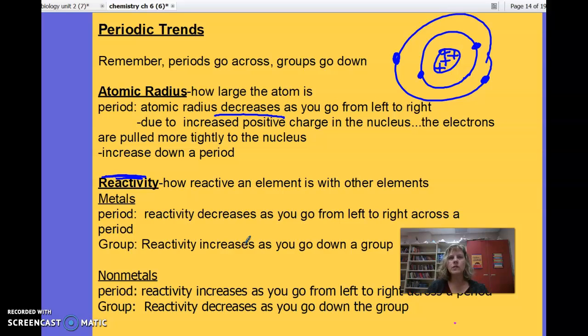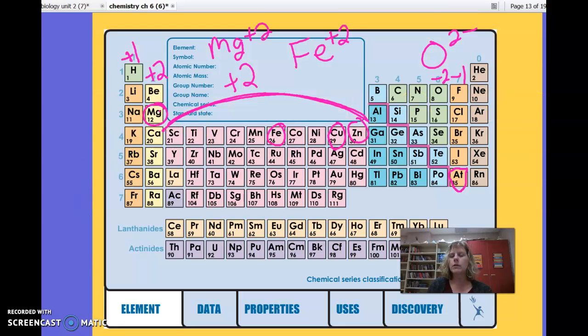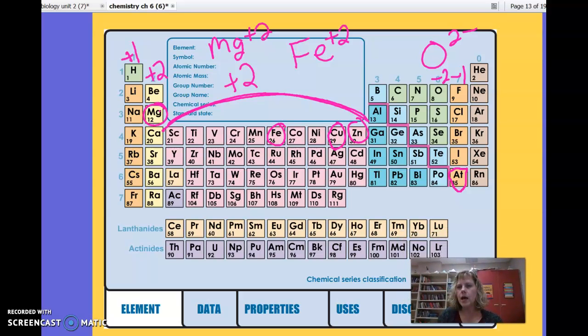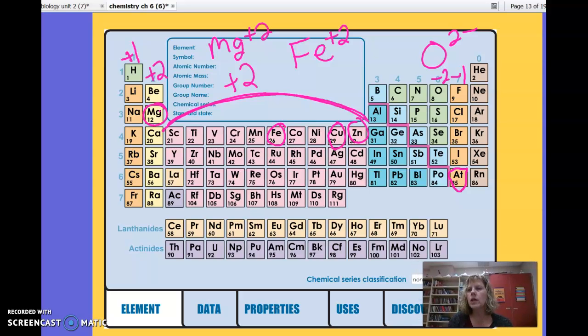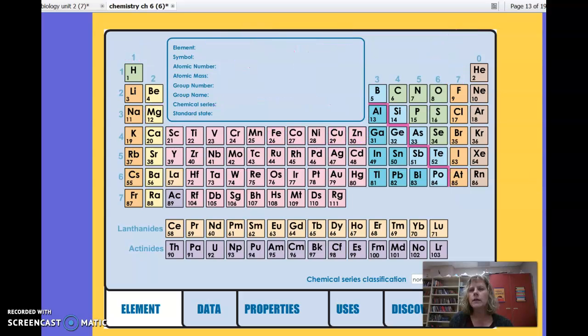One that I think is really interesting is atomic radius, because you would think as you go across on the periodic table, as the mass increases, that you should see the size of these atoms increasing as you go across. But it's actually the opposite. It's the complete and total opposite.